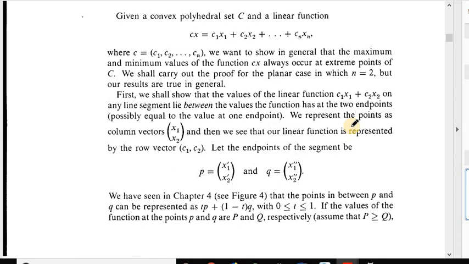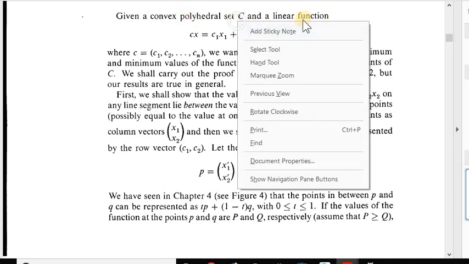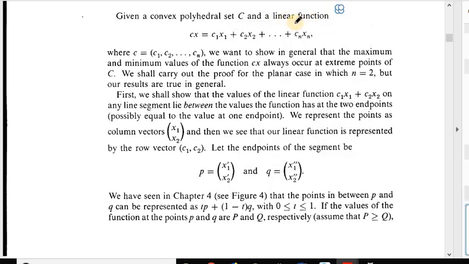Now, so what's the big deal about extreme points? Well, it turns out that they're key in finding the extreme values, or maxima and minima, of linear functions. So given any convex polyhedral set C and any linear function that is a linear combination of n variables, right?